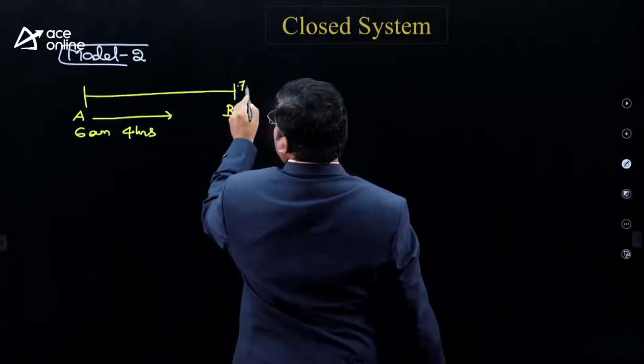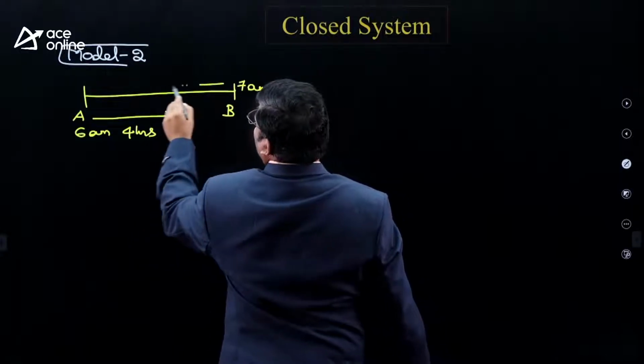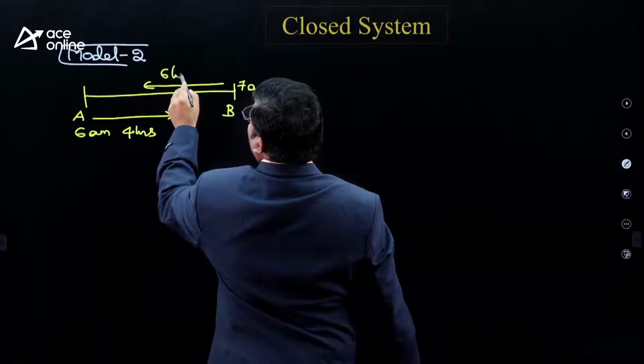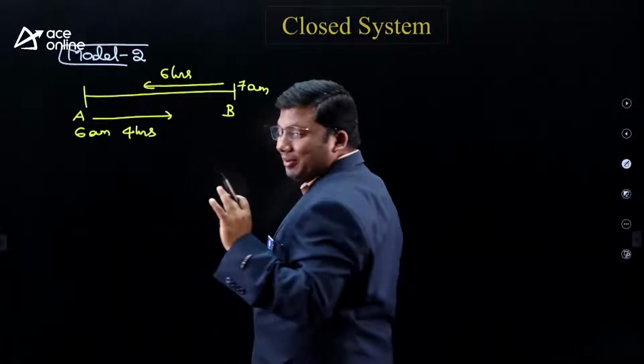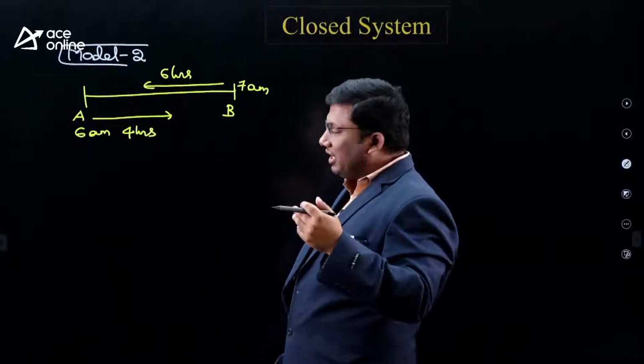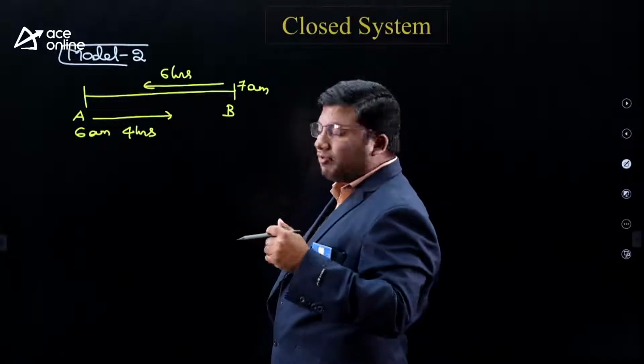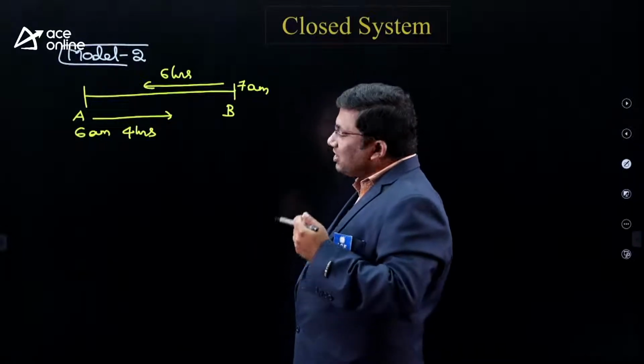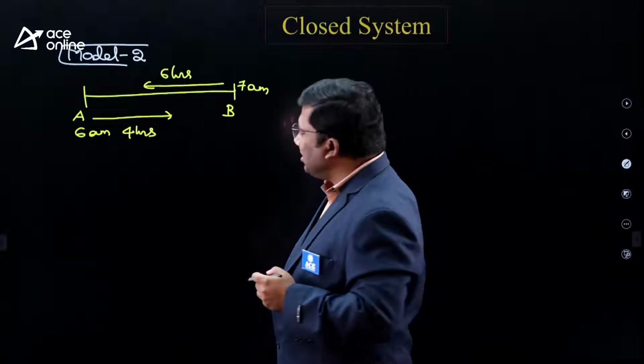The second train starts at 7 a.m. and travels for 6 hours. Both are not starting at the same time. At 6 a.m. the traveling time is 4 hours, at 7 a.m. the traveling time is 6 hours.